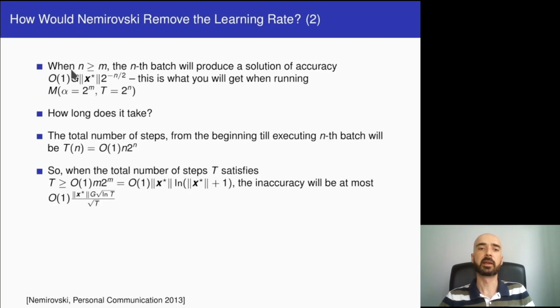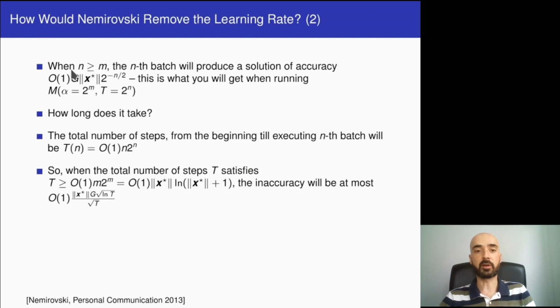This means that for any batch n bigger than m, you will produce a solution that has accuracy, Lipschitz constant, norm of the optimal solution, 2 to the minus n divided by 2. And you get this thing every time you run the procedure with alpha equal 2 to the m for T equal to 2 to the n iterations.